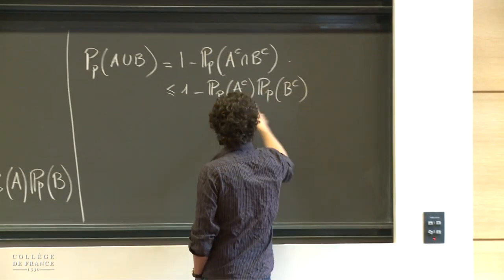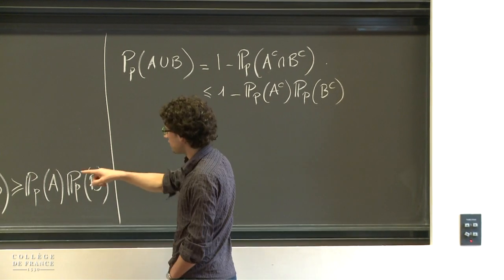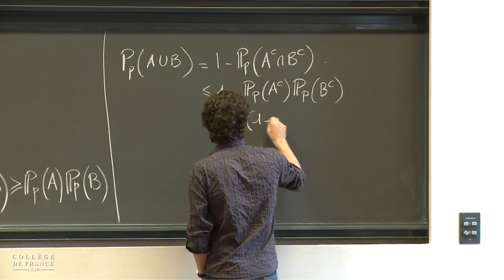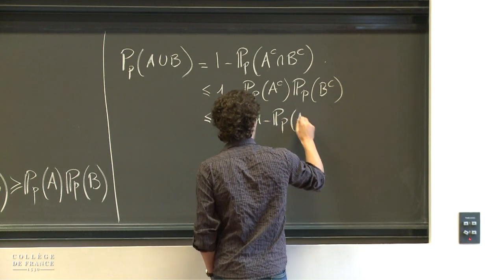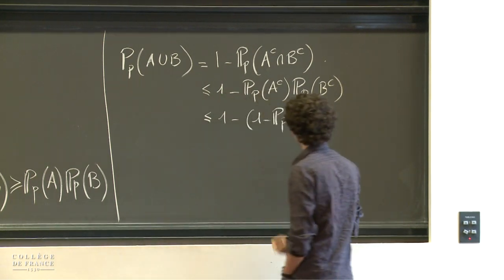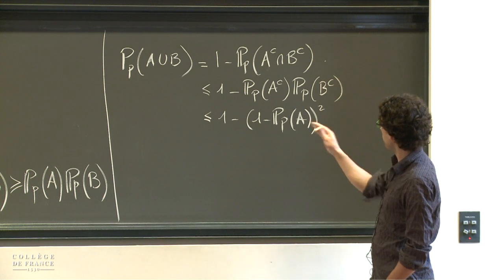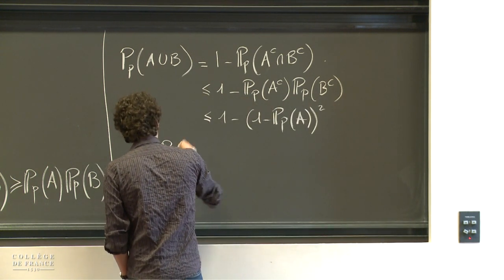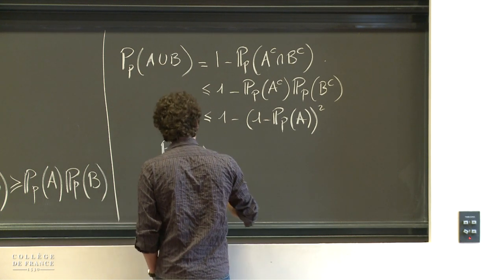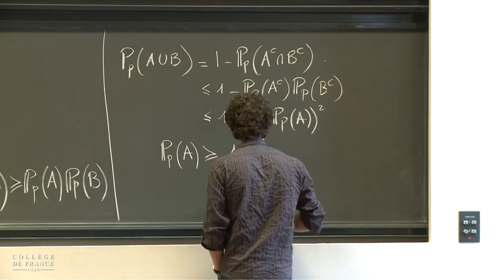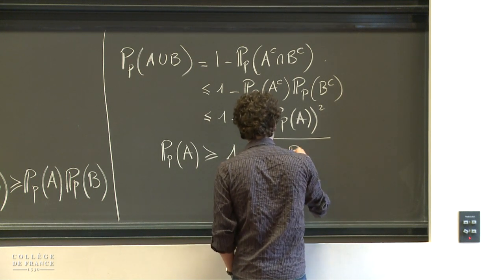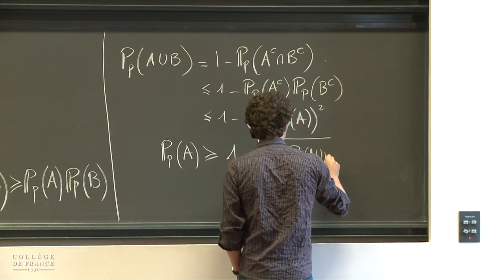Now, if I assume that the 2 have the same probabilities, this is going to be 1 minus the probability of the complement of A, squared. And when I put everything in the right order, I get that the probability of A has to be larger than 1 minus the square root of 1 minus the probability of A union B.